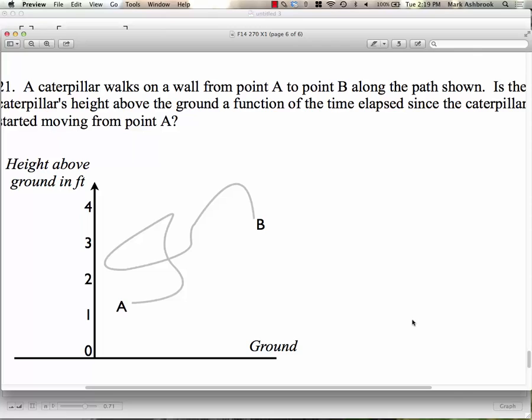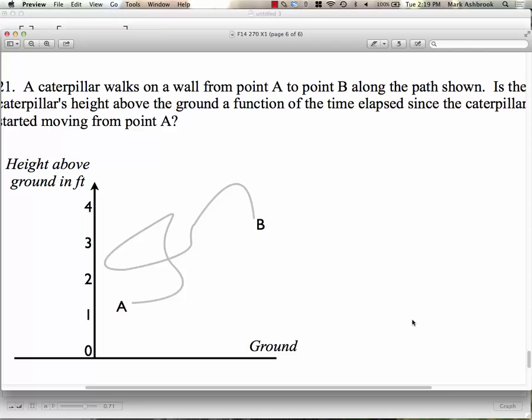Okay, what do you think? How about up here? What did you guys talk about? Chris, is height above the ground a function of time elapsed? Chris, what do you think? Not sure. Do you remember what the criteria is for a relationship to be a function?